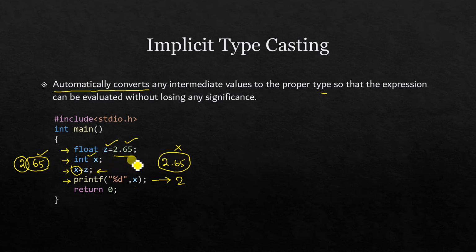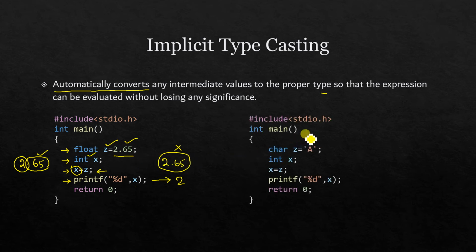Okay, similarly let us take another example. Here I have declared a character variable z in the first line, and I have assigned A to that character variable. In the second line I have declared a variable x of integer type, and in the third line I am trying to assign this character variable's value to the integer variable.